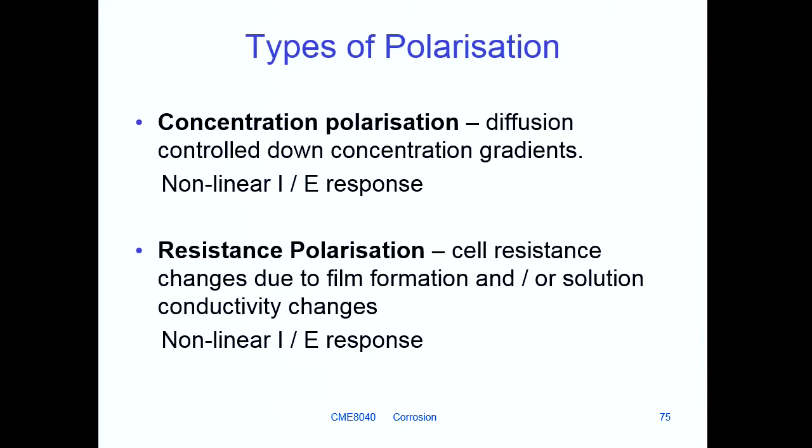So initially, when you start your process, the concentration of the electrolyte is uniform, and you begin to slowly react species at the anode and cathode, and then you end up with a concentration gradient between the bulk solution, which is still more or less under equilibrium conditions, and the solution near the electrodes, which has now changed because reactants have been used up to produce corrosion products, and you've got oxygen reduction or hydrogen reduction at the cathode.